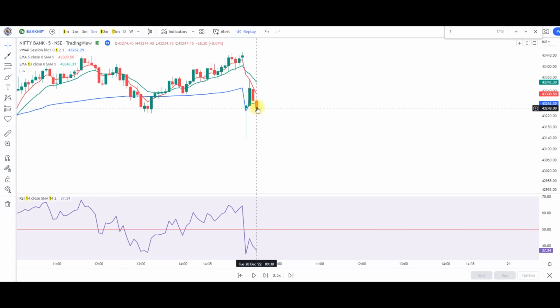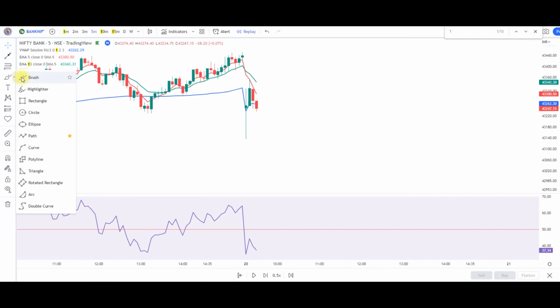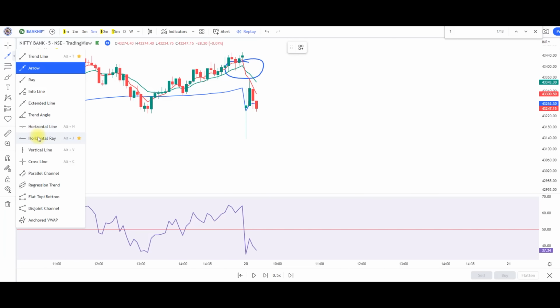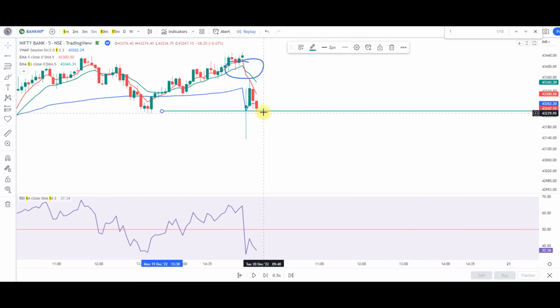But when we see this 9:30 candle, which gave a close below the VWAP and RSI also below 50, and we already got the 5 and 13 EMA crossover here, all the 3 conditions are satisfied for the selling side. So we look for a sell below this red candle.